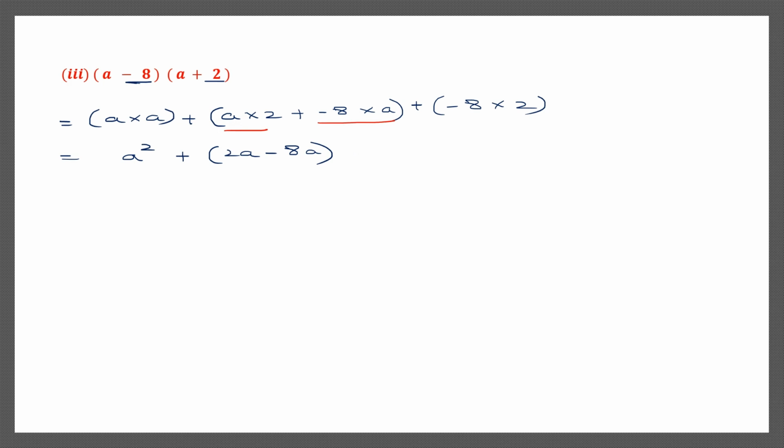So let's write minus 16. Now let's work this out. a square, and here what do we have? 2a minus 8a. 2 minus 8 is minus 6. Minus 6a minus 16. So final answer, a square minus 6a minus 16. So remember, we are using the direct method.